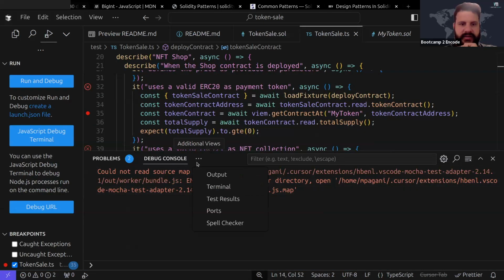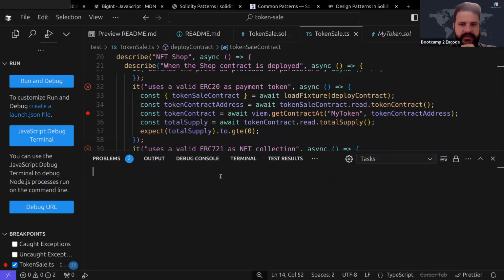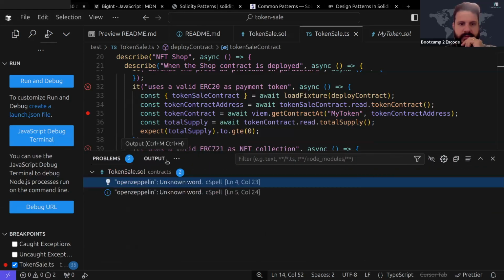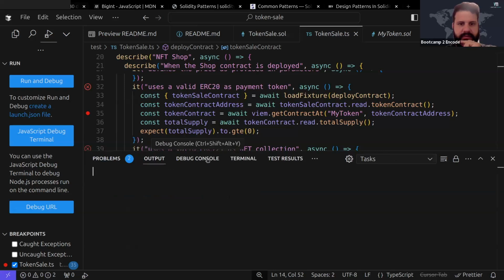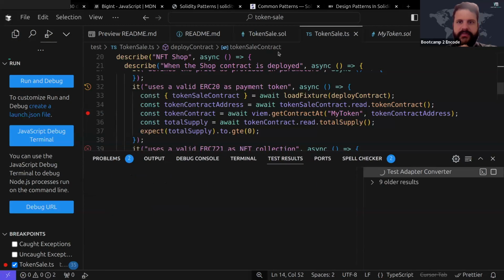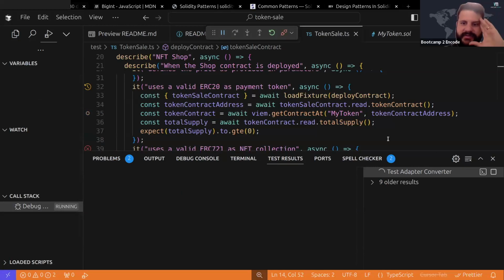I had an error for some reason. Sometimes the tests don't attach for some reason.